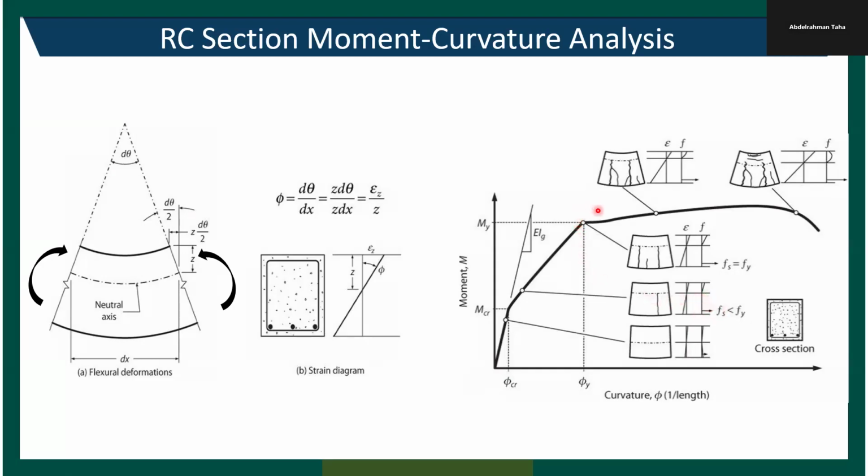And then at this point where the steel starts yielding, of course, here the stress in the steel is less than the yield strength of the steel because we're in this part. But once we reach this part, the stress in the steel becomes equal to the yield strength of the steel bars.